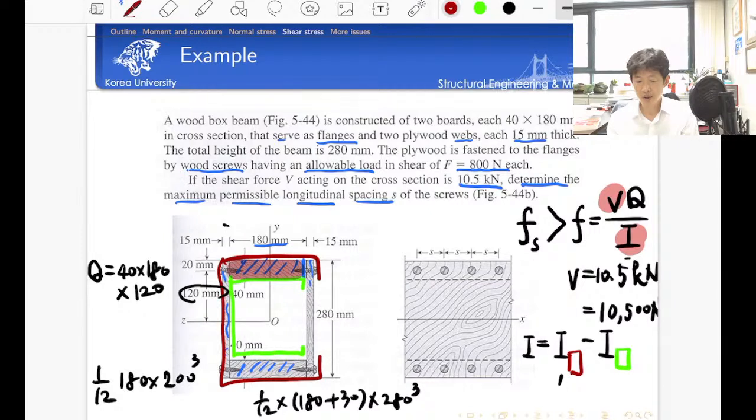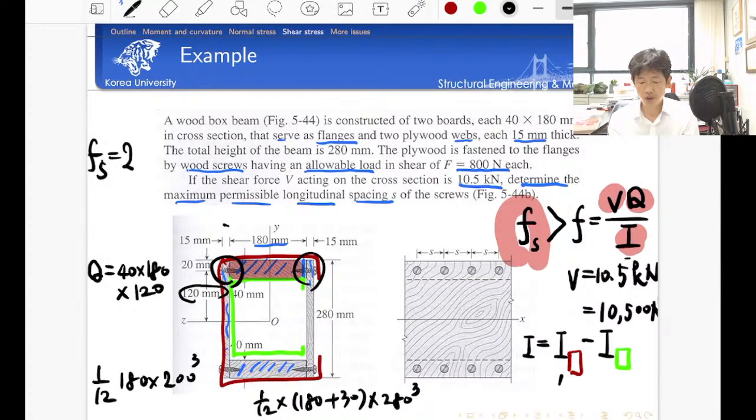So we have all the quantities for the right hand side. And then let's talk about the left hand side. The shear flow provided by the screw nails is what? We can calculate it very easily. How many screw nails do we have to consider? We have screw nails on the left hand side and right hand side, isn't it?